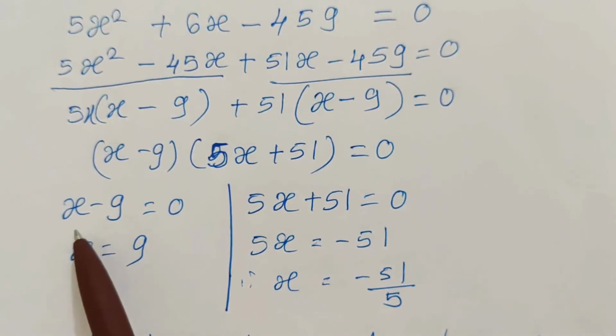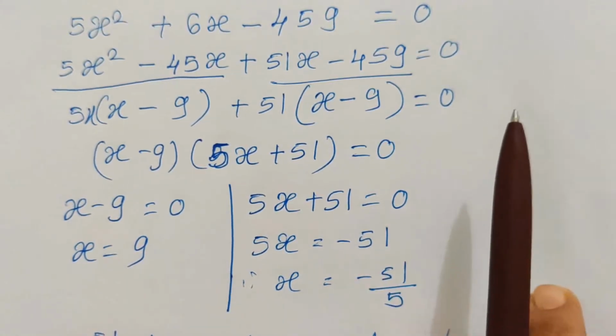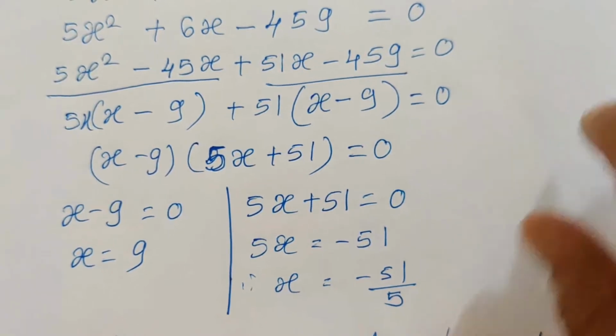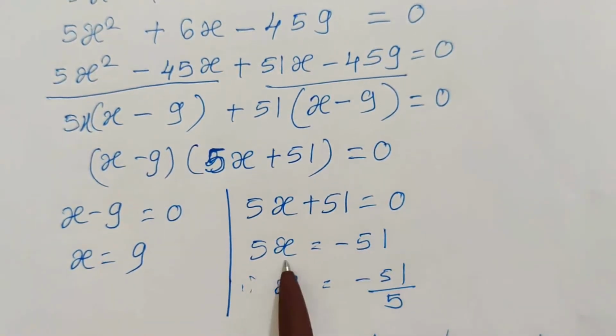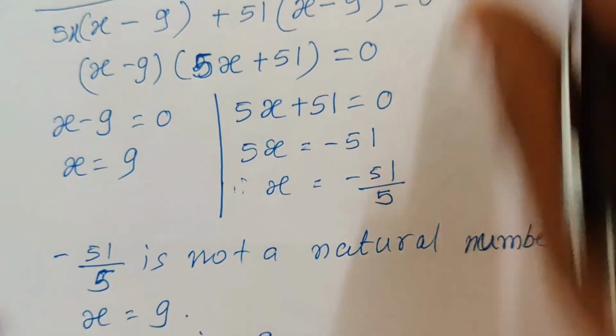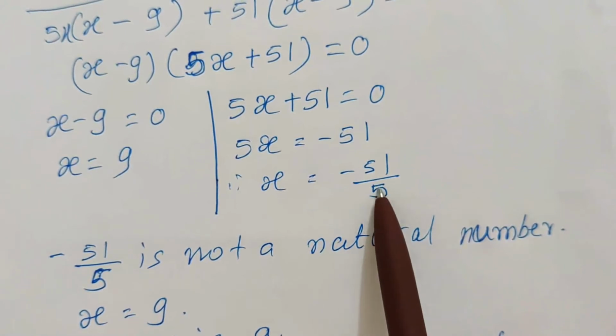So first bracket x minus 9 equal to 0, and so x is equal to 9. Second bracket 5x plus 51 equal to 0. So 5x is equal to minus 51, and so x is equal to minus 51 upon 5. Minus 51 upon 5 is not a natural number, and so it is not the correct answer.